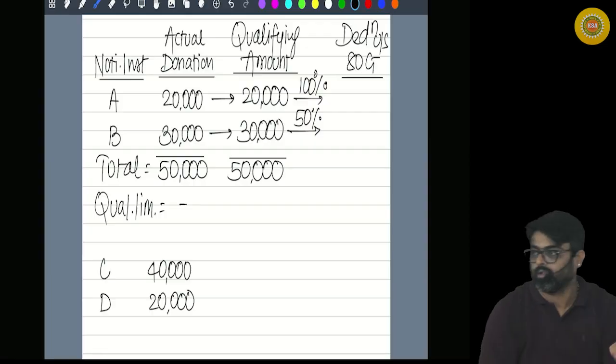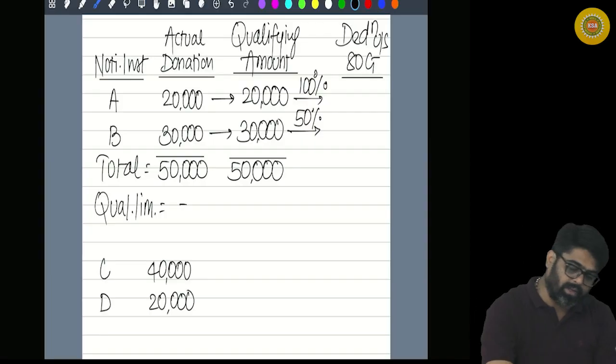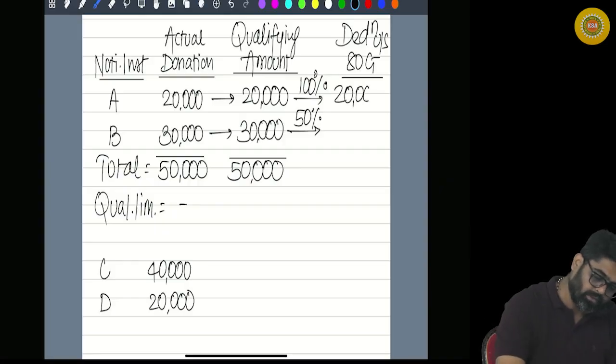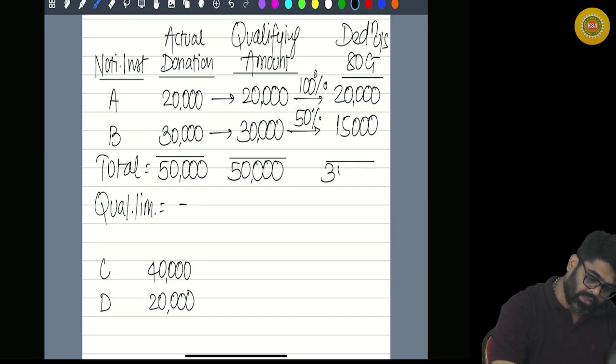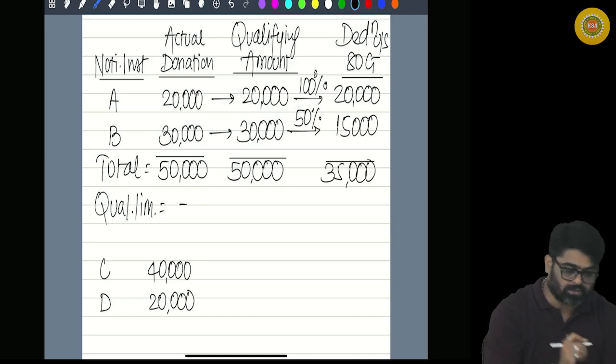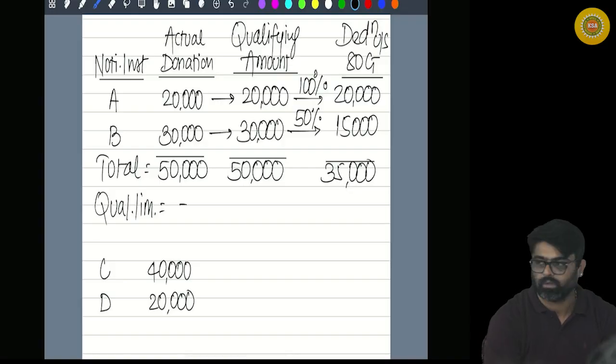So 100% of 20 will be 20, 50% of 30 will be 15, so in total 35,000 will be allowed as a deduction. Did you understand this? Everyone?